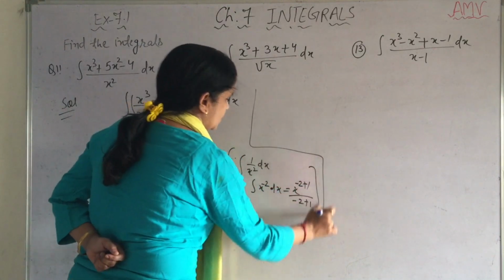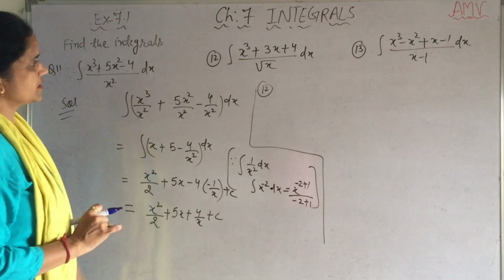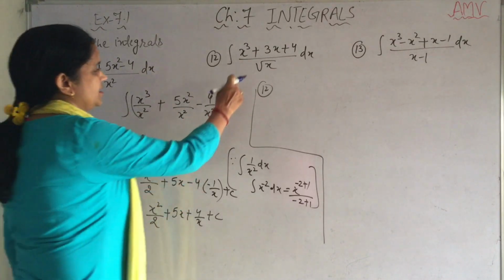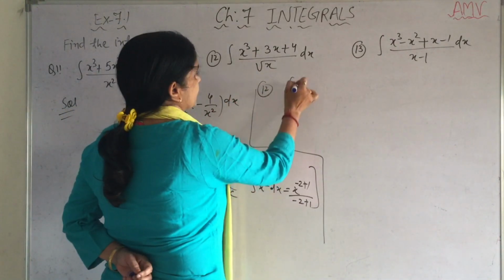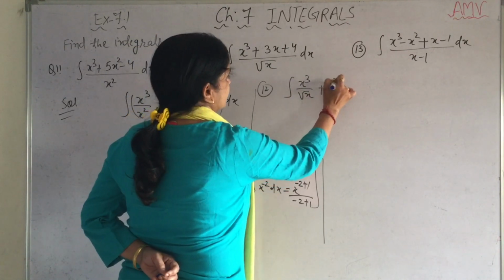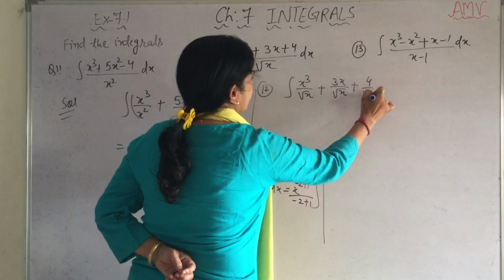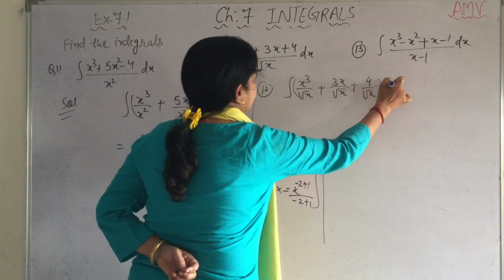Question number 12. Here, first you divide each term by root x. So you will get x cube by root x plus 3x by under root x plus 4 by under root x, and then dx.